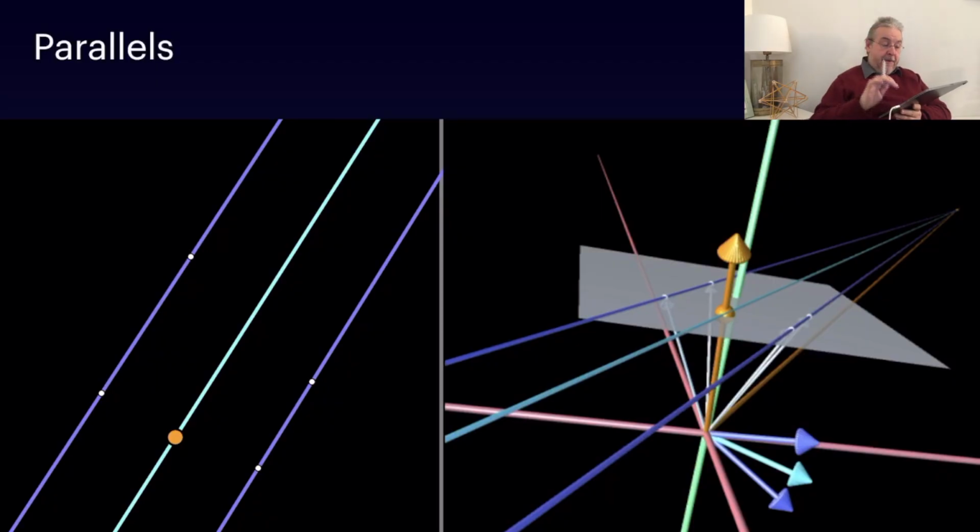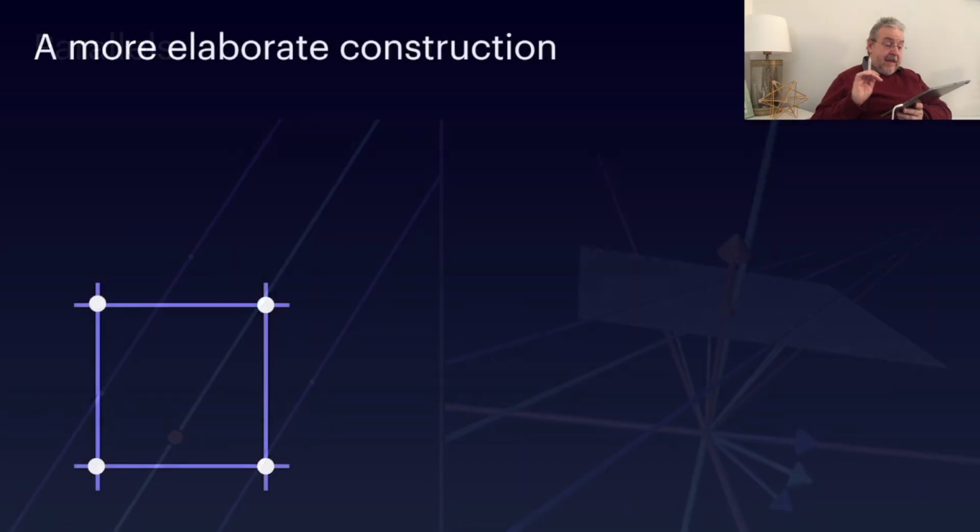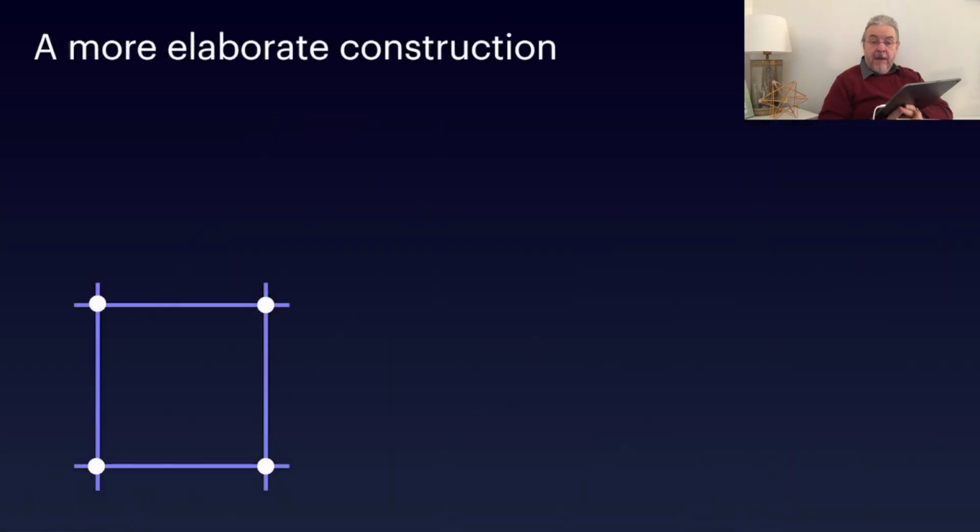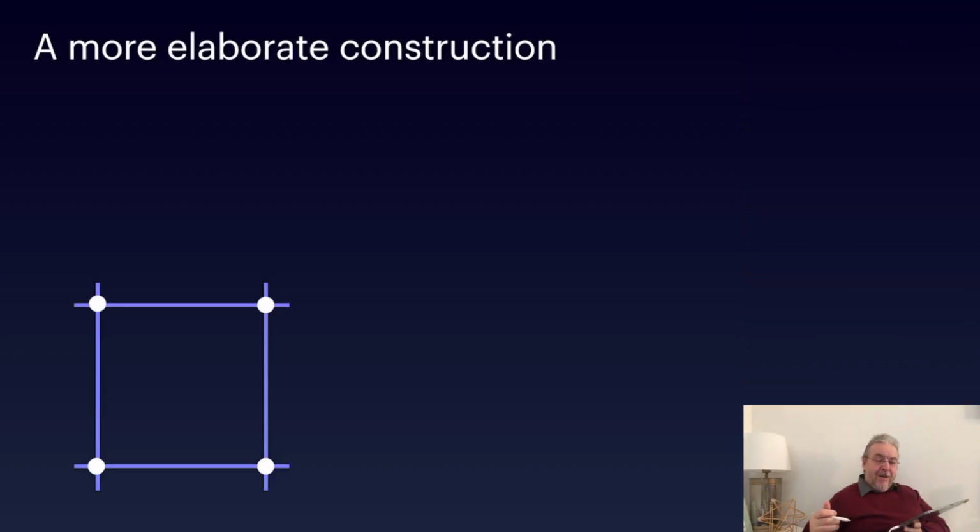Let me end this lecture with a little bit more elaborate construction, and let's do it this time from a standard viewpoint, so from our usual Euclidean plane, and from a projective viewpoint. And the task I want to do is I take 4 points of, say, a square, and I want to calculate 2 lines that are in the middle of both sides.